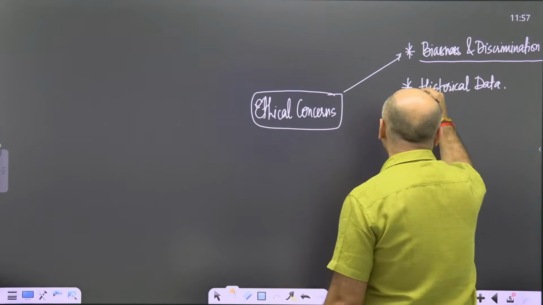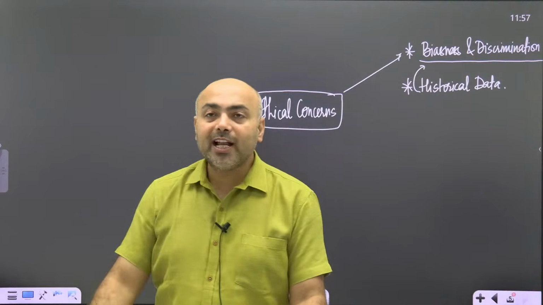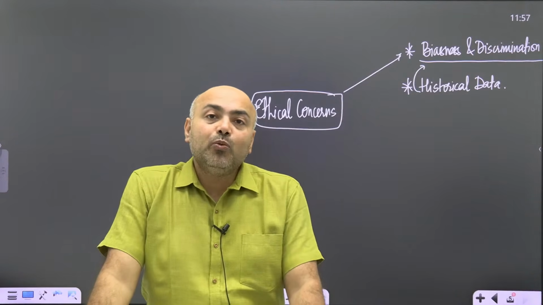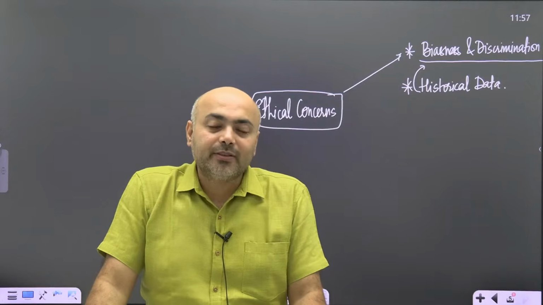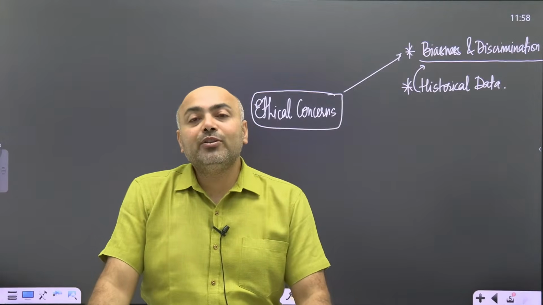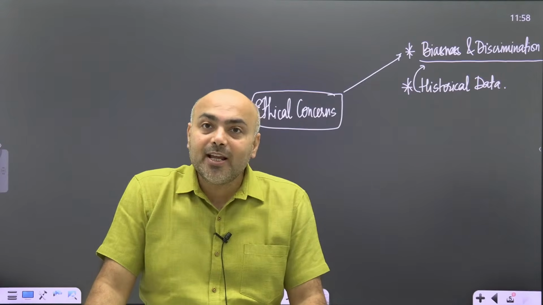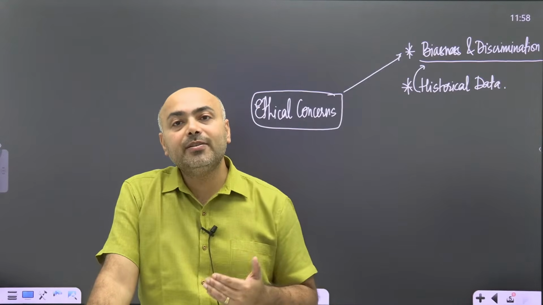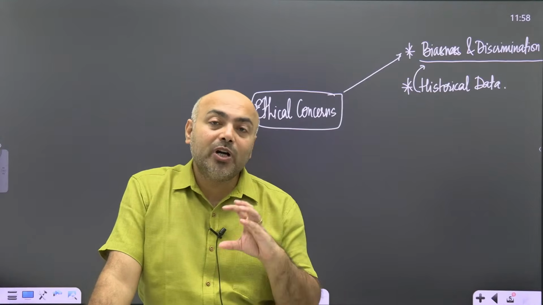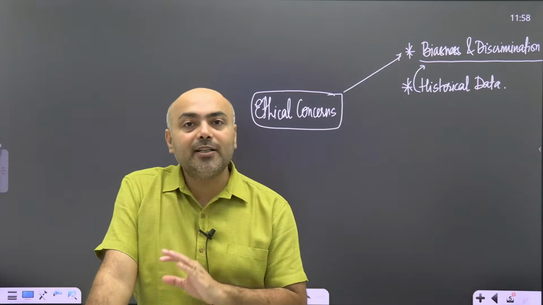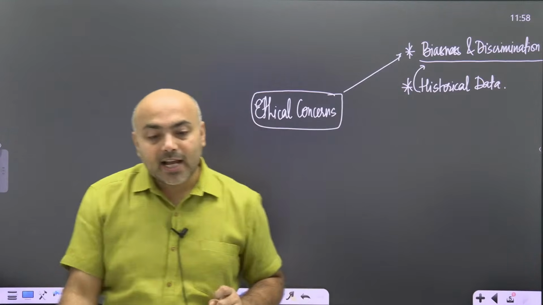So there could still be presence of certain biasness or discrimination. Historical data meaning what? Previously the decisions were taken by human beings, and if human beings are the ones who are taking those decisions, there is possibility of discrimination and bias. And if artificial intelligence uses the same data, analyzes the same data, and comes to conclusions based on the same data, there is a possibility that the same problem exists here as well.